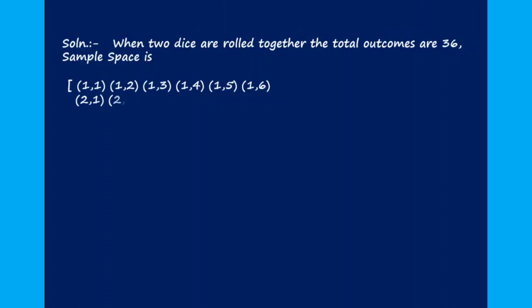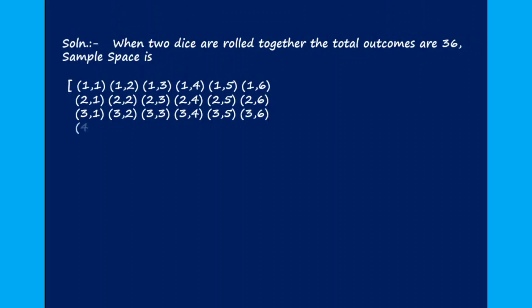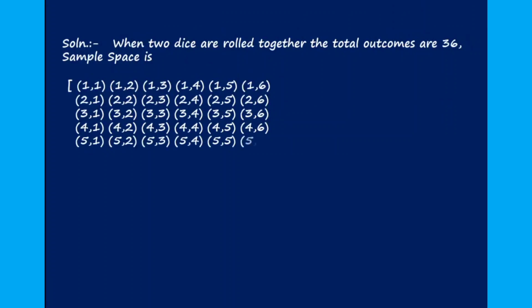And then 2 1, 2 2, 2 3, 2 4, 2 5, 2 6, and then 3 1, 3 2, 3 3, 3 4, 3 5, 3 6, 4 1, 4 2, 4 3, 4 4, 4 5, 4 6, 5 1, 5 2, 5 3, 5 4, 5 5, 5 6, and then the last one is 6 1, 6 2, 6 3, 6 4, 6 5, and then 6 6.